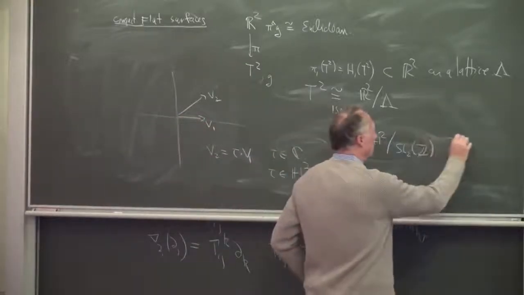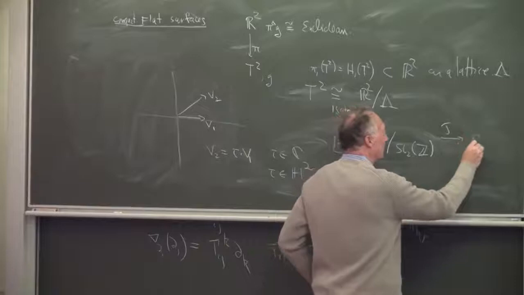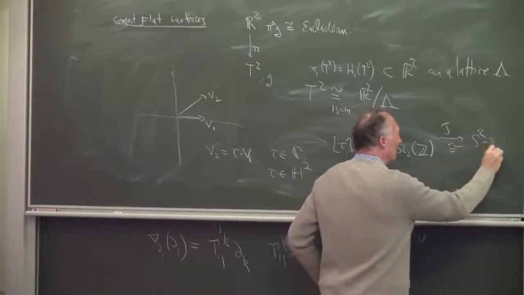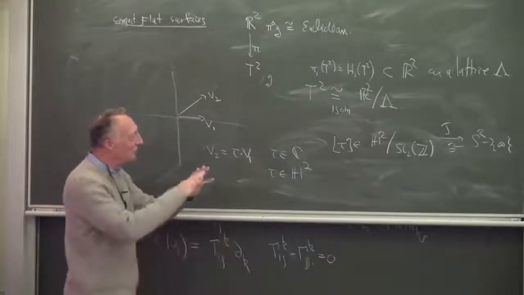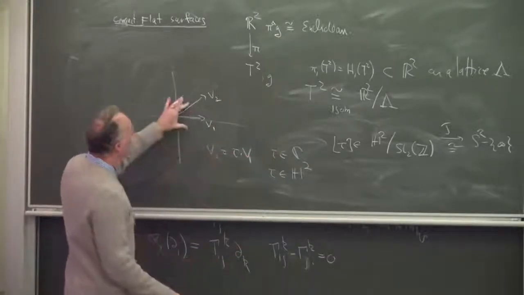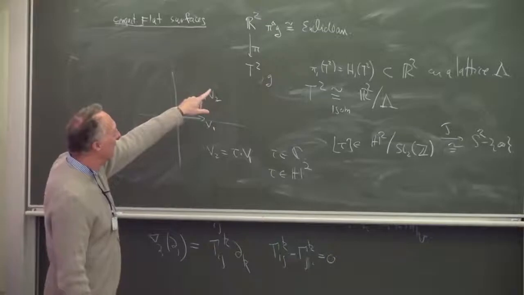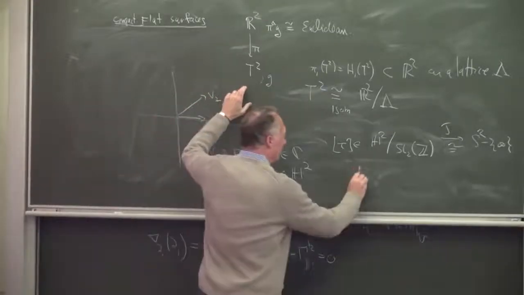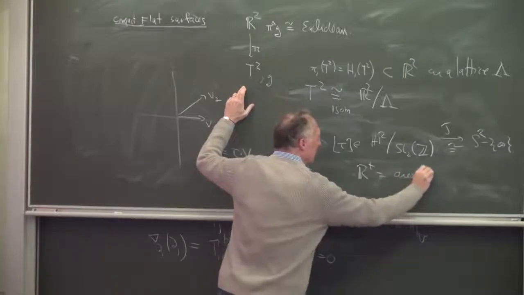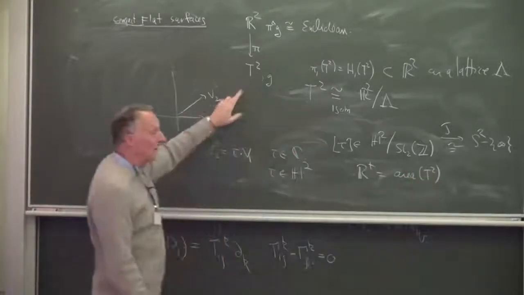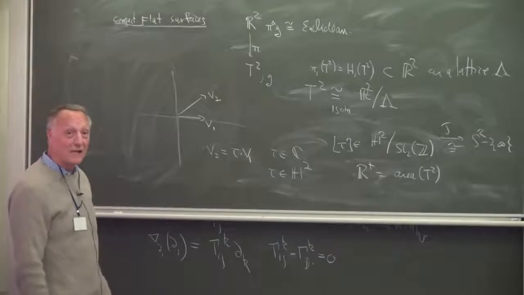If you want to know what this thing looks like, it's something called the J function, which maps it isomorphically to the sphere minus infinity. So I have a sphere's worth, minus 1 point, of flat tori, and I also have an element in R plus, which is the area of the torus. And those two turn out to be complete invariants of flat tori.